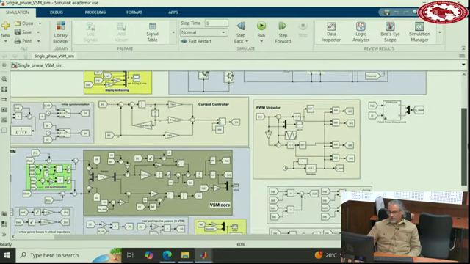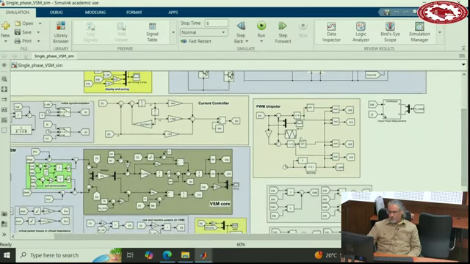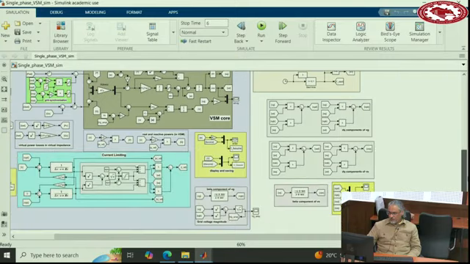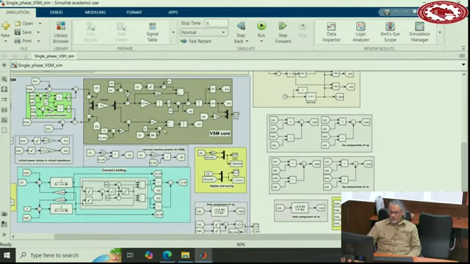So this is the PWM part, this is the current controller part, this is the core VSM part, and this is the current limiting part. Okay. And these blocks just calculate real power and reactive power, and bring it here.